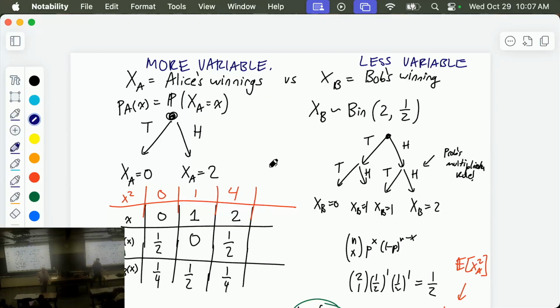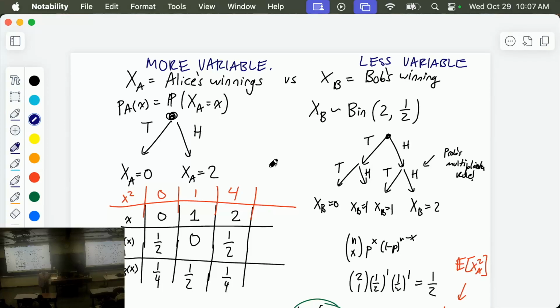We get back to that idea of variability, the average squared deviation about the mean. I know that's a weird thing to think about, but for Bob, half the time he gets a winning of 1, and the mean is 1. So there's no variability about that mean. The only values that could vary about that mean are either the 0 or the 2, whereas Alice never hits the mean.